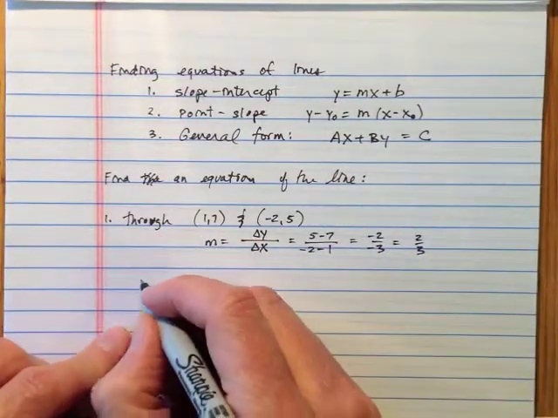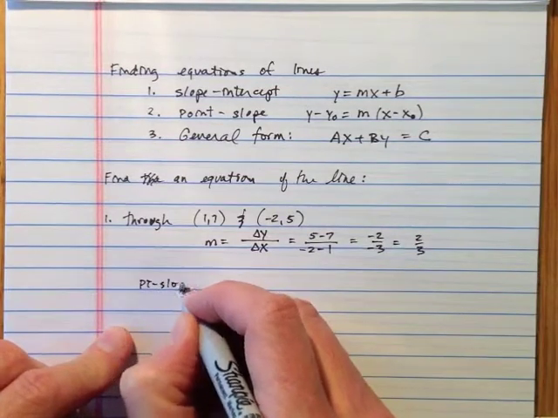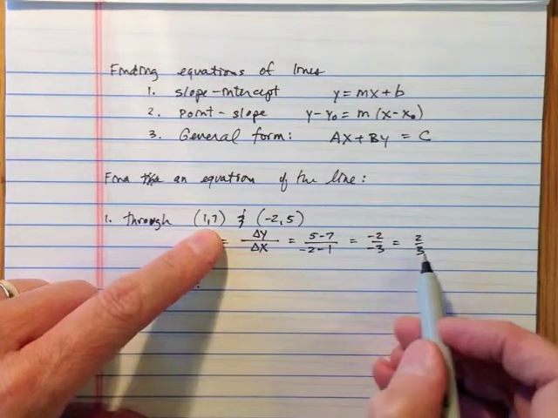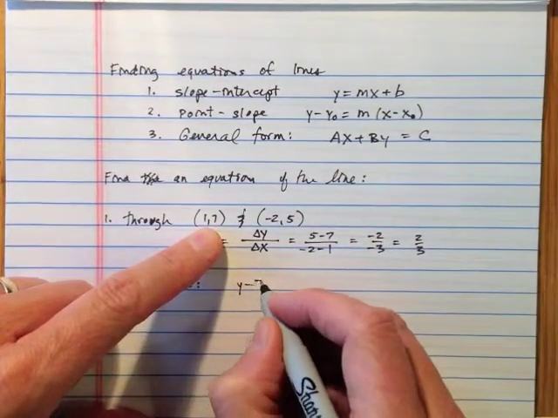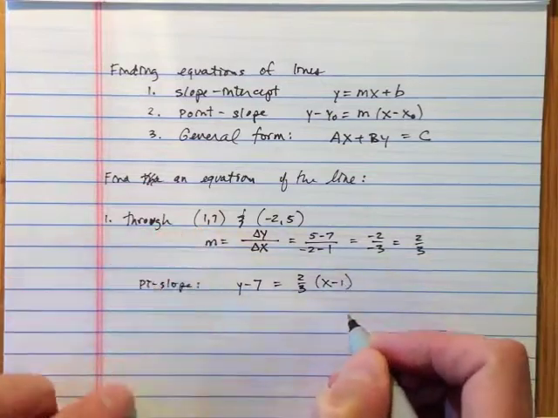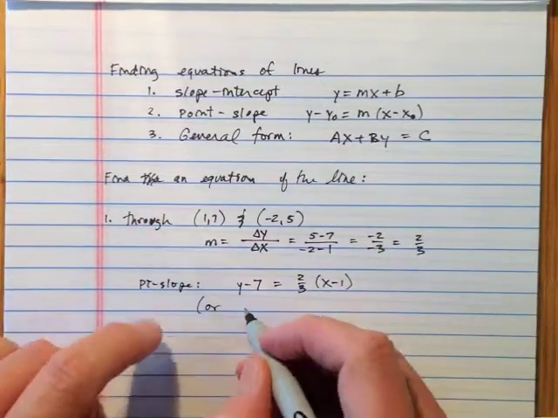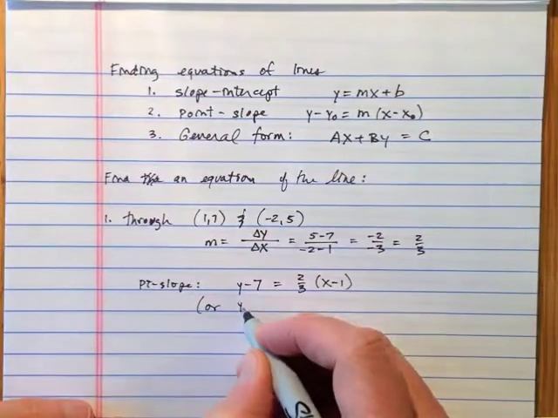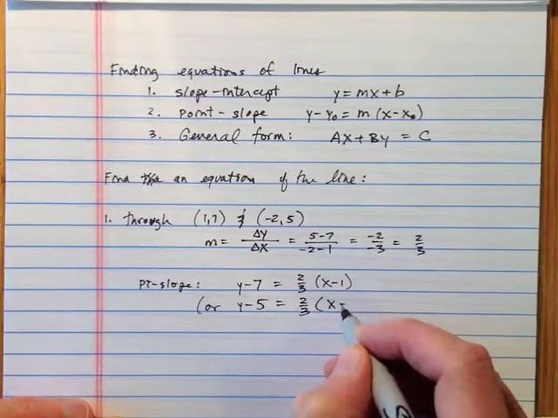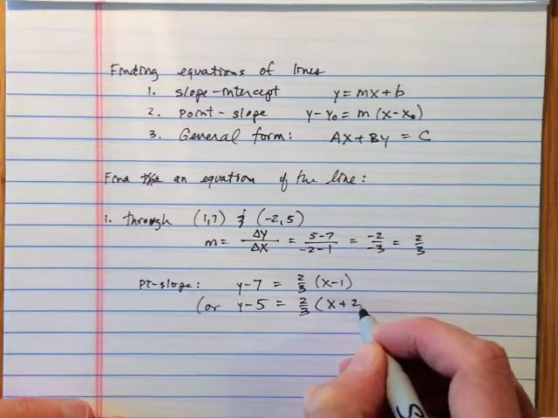So it's easy to find an equation of the line. Let's use point slope. The line that goes through, say, 1, 7 with this slope must be y minus 7 is 2/3 times x minus 1. Or if somebody said the equation must be y minus 5 equals 2/3 times x minus negative 2, you'd also be correct.